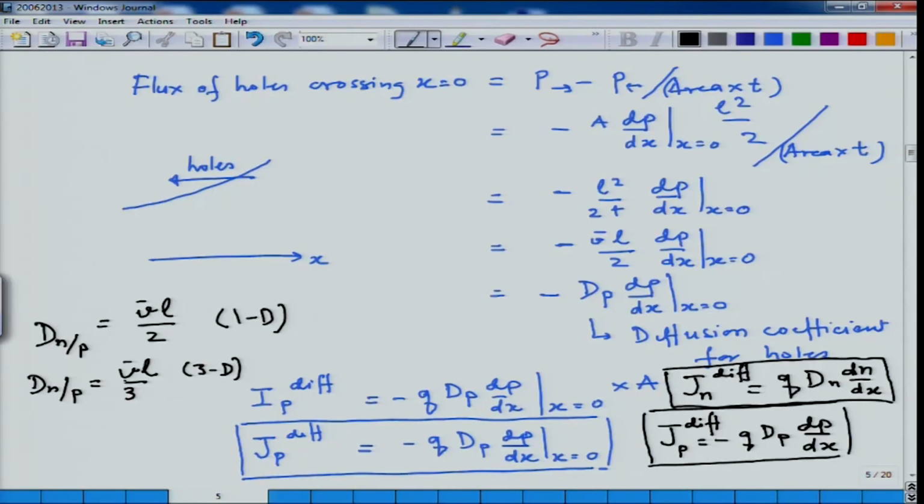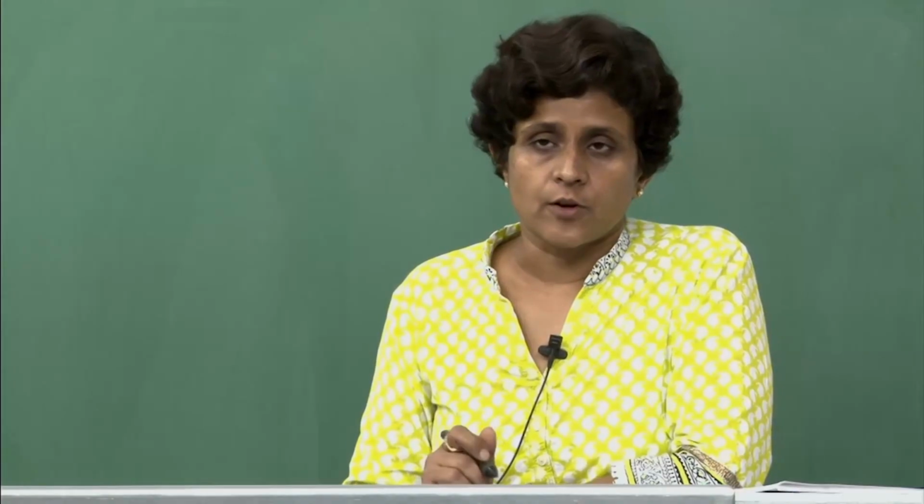Keep in mind this V bar L, although I have written it for electrons and holes, will be different for electrons and holes, because electrons are moving in the conduction band and holes are moving in the valence band, so their thermal motion is going to be dictated by the band structure of their particular band, and hence you will have different values of V bar for electrons and holes. It is not going to be the same value.